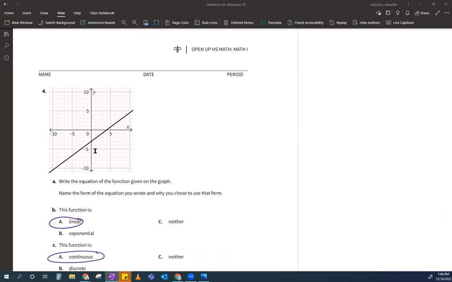Would you understand why they would want to use slope point as well? Yeah, right? Because look, I have a point. There's my slope. It's the same. So if you chose slope point, or if you chose slope intercept, it makes sense. Now, some of you are a little bit more comfortable with slope intercept, which is why I say, I know, now I'm calling it slope point. Now this is what I want.